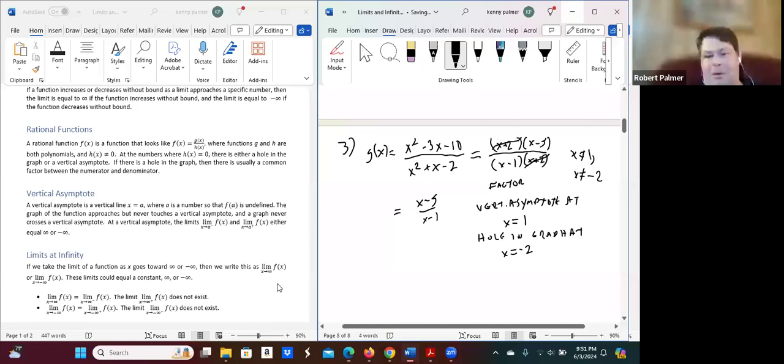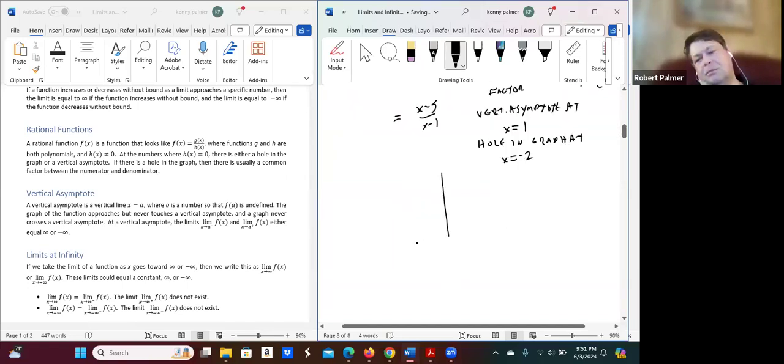Let's go on down. Let's actually graph that on our paper here. Vertical line. Okay. So this is x equals 1. And the graph looked like this, back here.